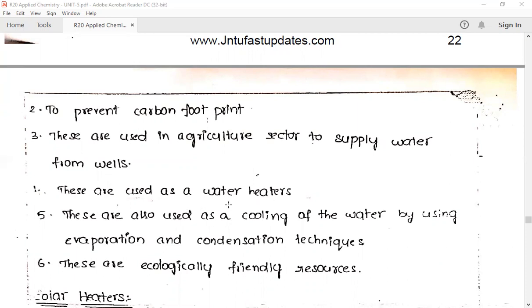So it is used as a water heater. Solar panels can be used for solar street lighting, home lighting systems, and lanterns.